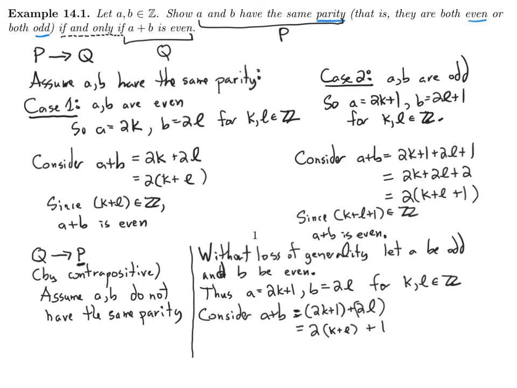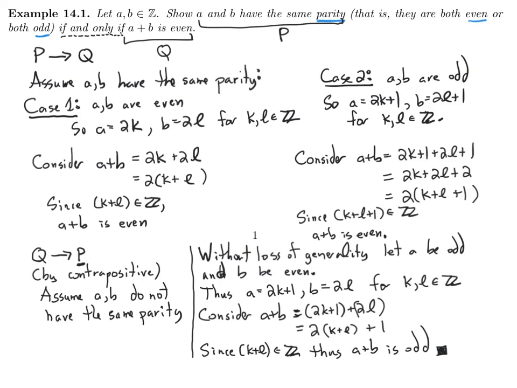We just need to write why we know the number is odd. So since that k plus L factor is indeed an integer, we know that A plus B is odd. And now we've finished our proof. We did both directions. So we're good to go.